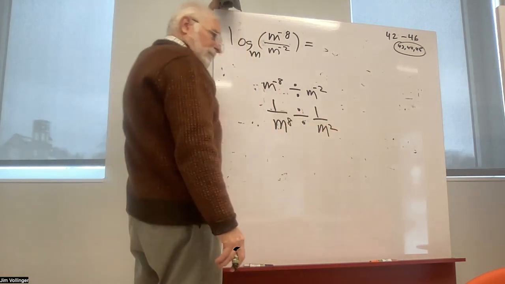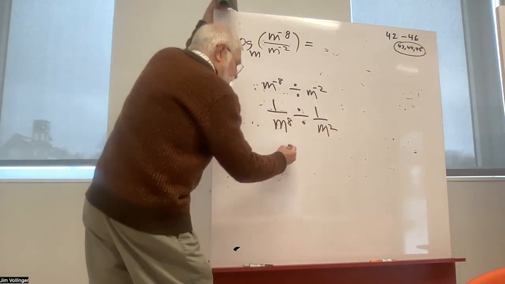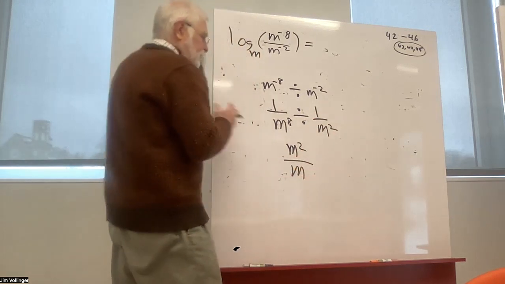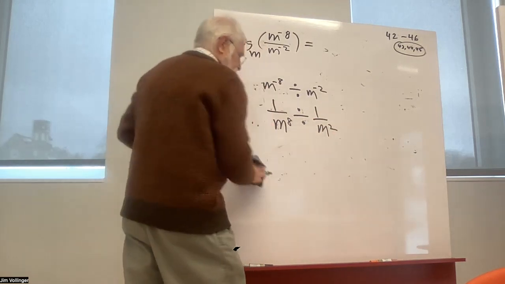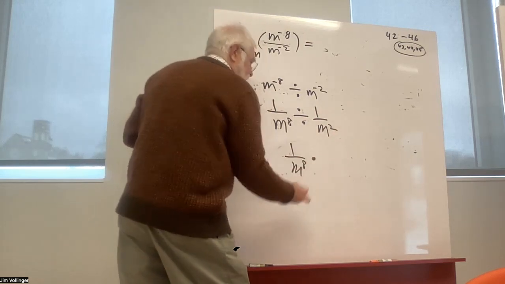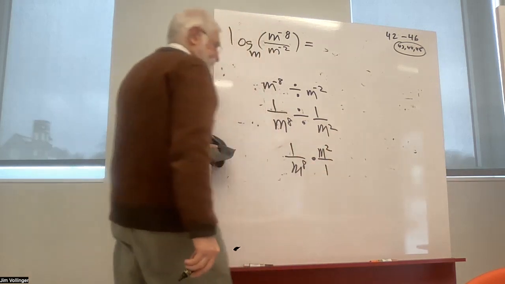And the rule from elementary school is when you divide by a fraction, you multiply by the reciprocal. I guess I should show that: 1 over m to the 8 times m to the 2 over 1.